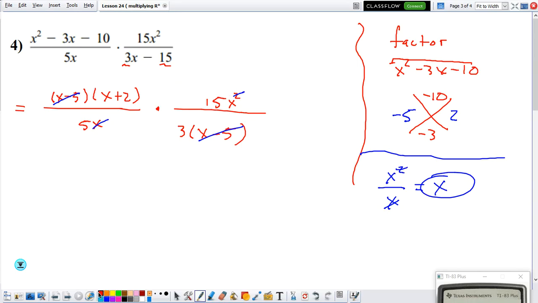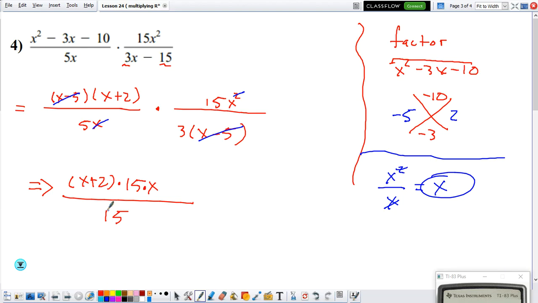What's left? Well, let's multiply, because maybe it's easier to see it once we multiply. So now, what do we have left? We have x plus 2 times 15x now, because this x cancels out with one of them, divided by 3 times 5, that's 15. Okay, so remember that when we do that, it's just a lot of multiplications here.